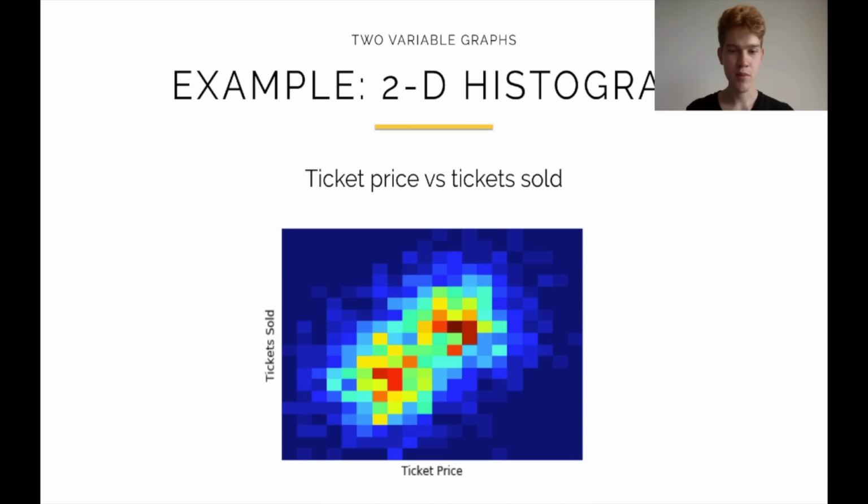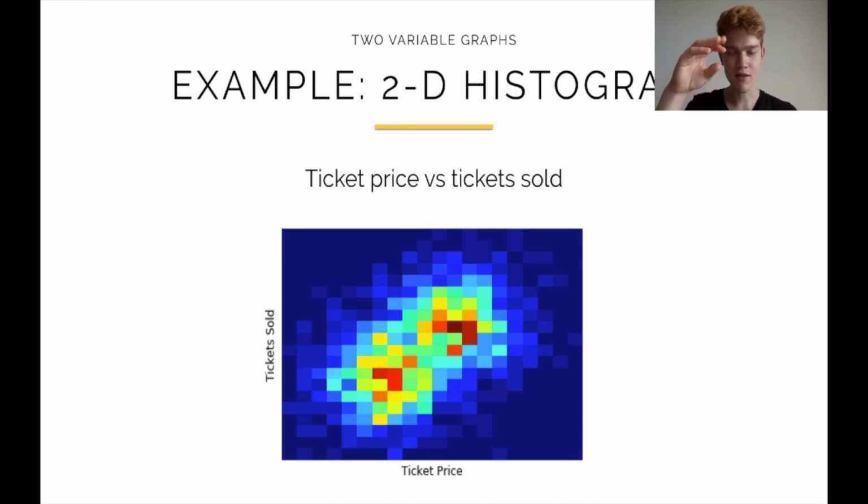And then if you move more towards higher ticket prices, and more towards more tickets sold, then you can see that for high ticket prices, which would be like these big bands, we can again see how many tickets we've sold.